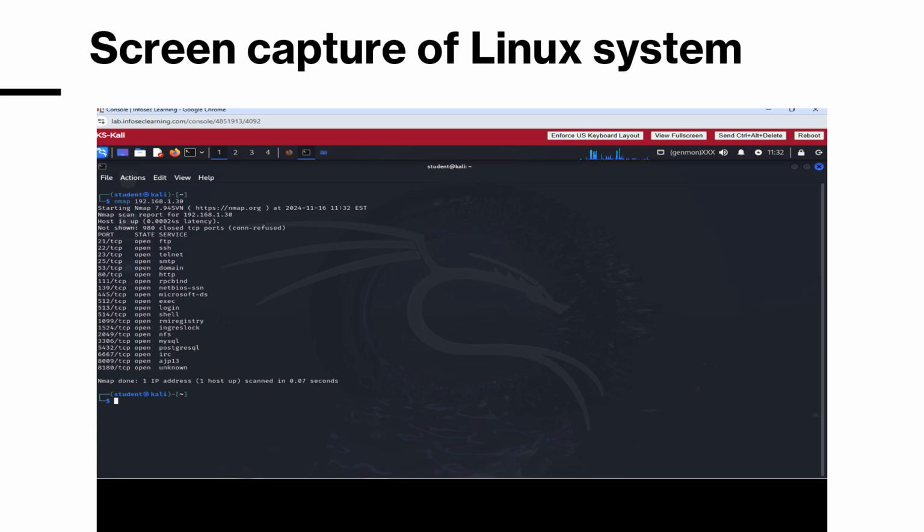And as we can see, there are many services running, along with some SQL database services, some shell services, FTP, and Simple Mail Transfer Protocol. But yes, pretty much a lot of services that have security issues.